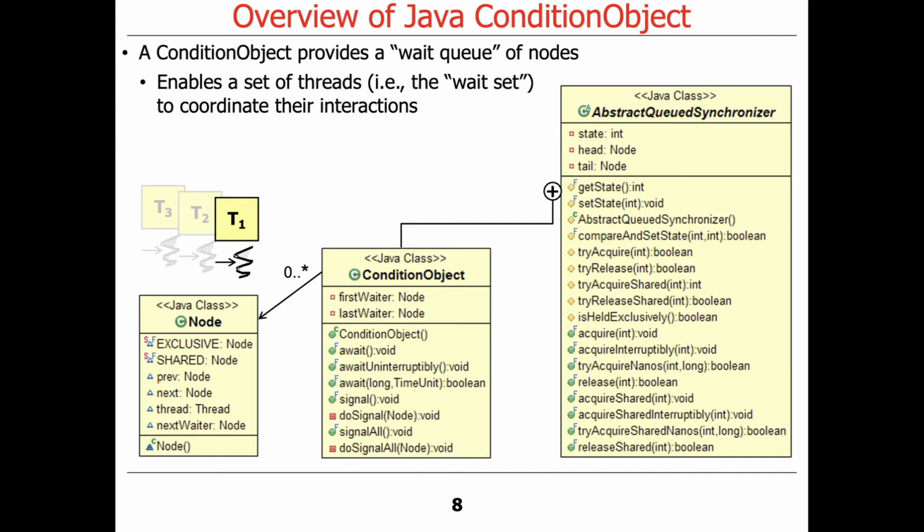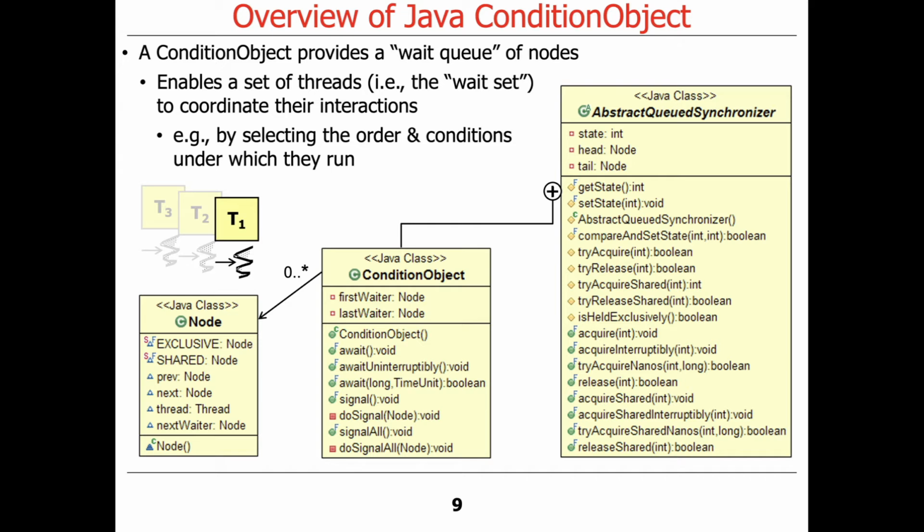I'm not sure why they call it a wait set, because it's really a list, but whatever. It allows the wait set of threads to coordinate their interactions by being able to notify and signal each other to make progress when conditions become plausible for progress to be made. And each of the nodes represents a thread that's waiting for its chance to get access to the shared resource that it needs.